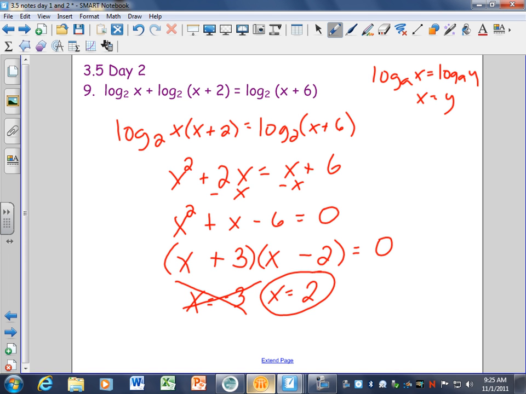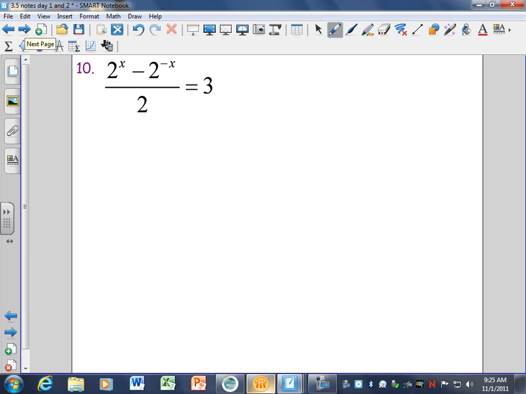Okay, you ready for the bad one? This one's kind of crazy. What do you think we should do first in this problem?